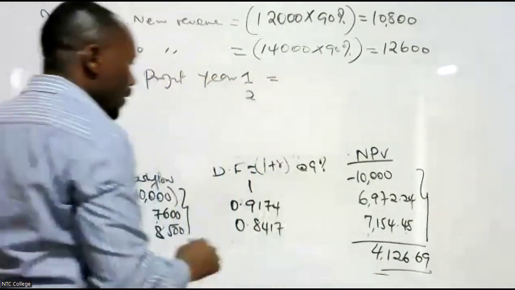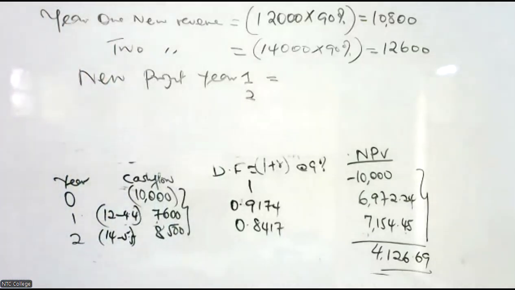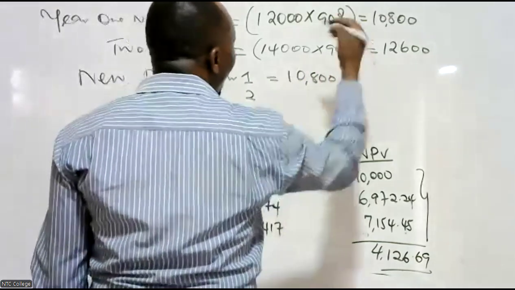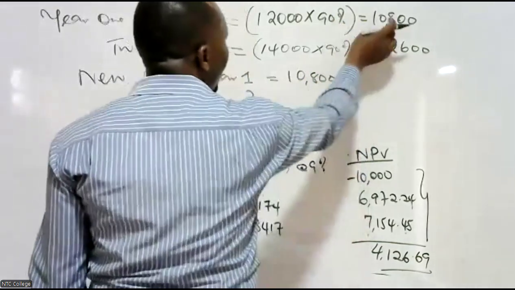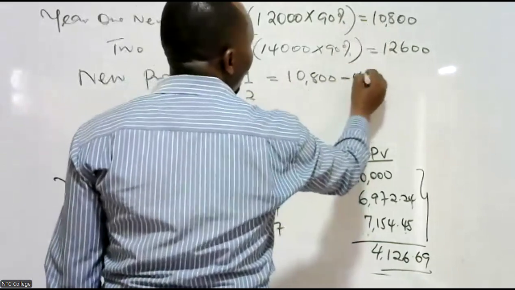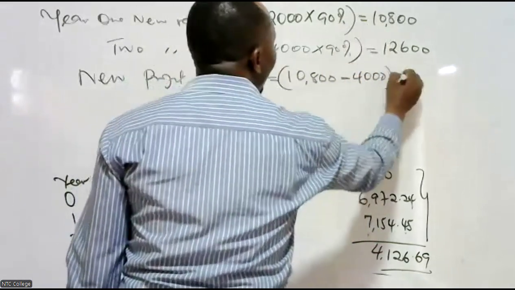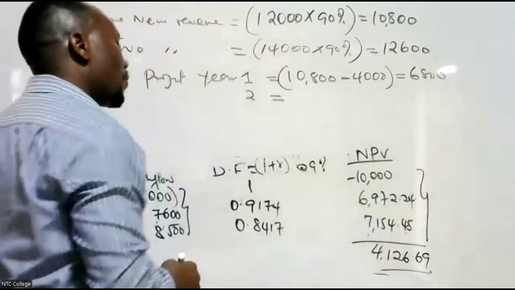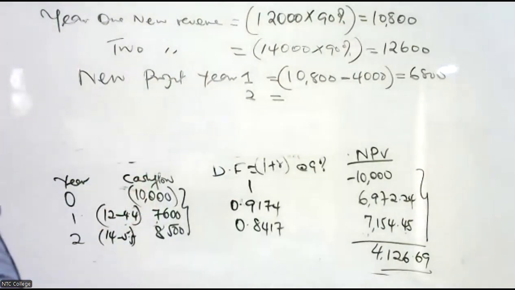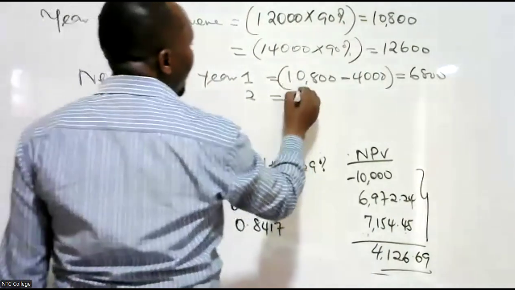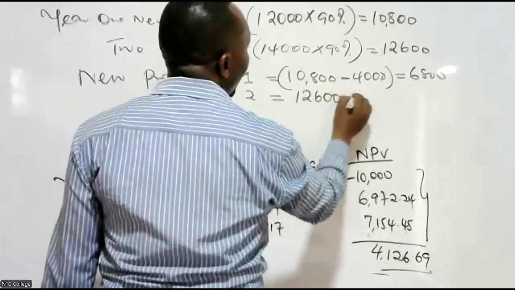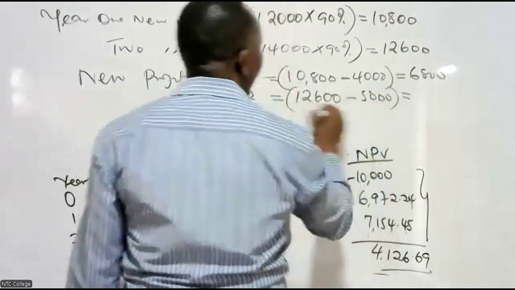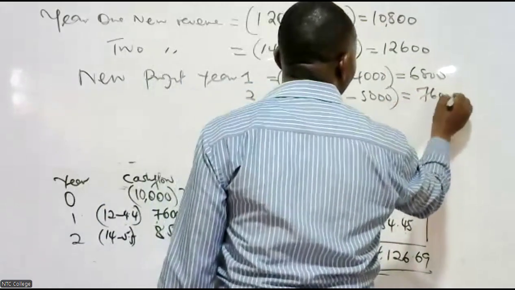In year one, other things remain constant. We take 10,800 minus the old cost. This is now the new revenue minus cost. Old cost was 4,000. Our new profit is 6,800. That is the cash flow, which we shall have here. And then here, we are having 12,600 minus 5,000, and that becomes 7,600.